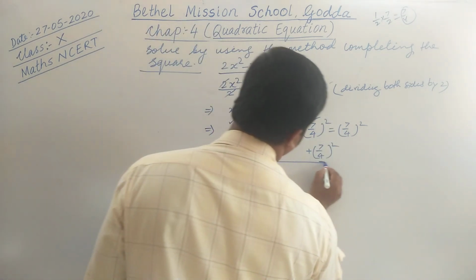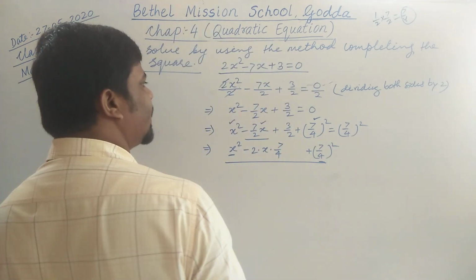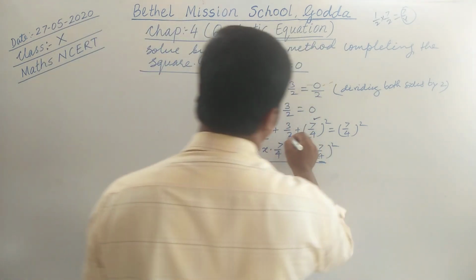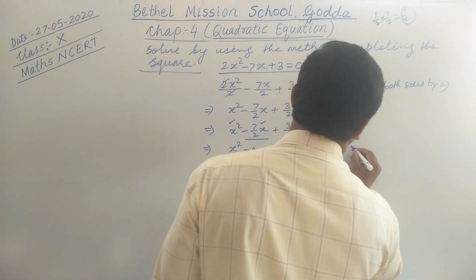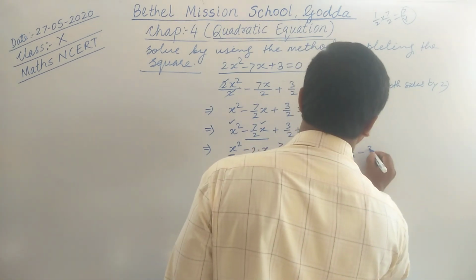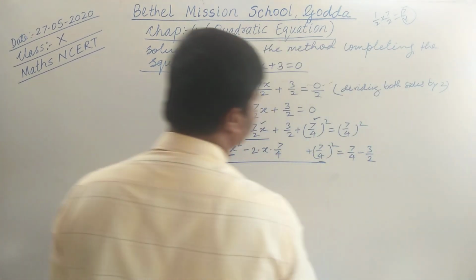We can write this in the form (a − b)², that is (x − 7/4)². And the 3/2 will be transferred to that side, so 7/4 squared minus 3/2.